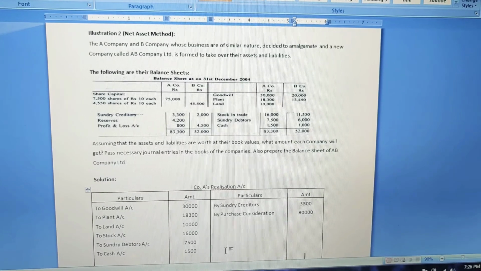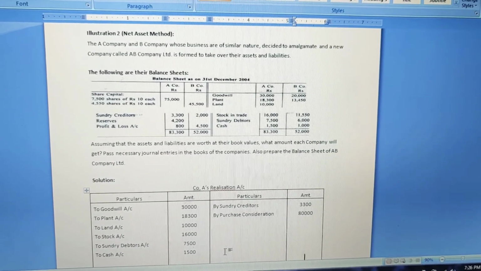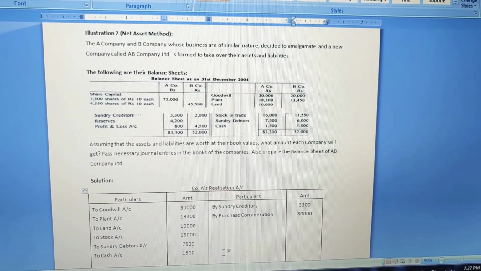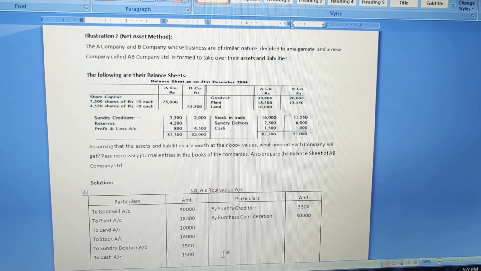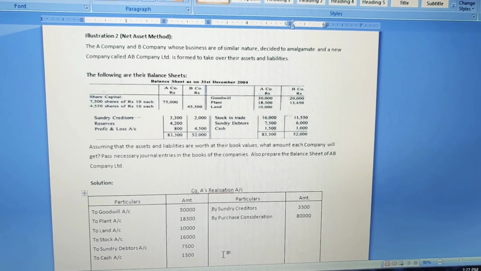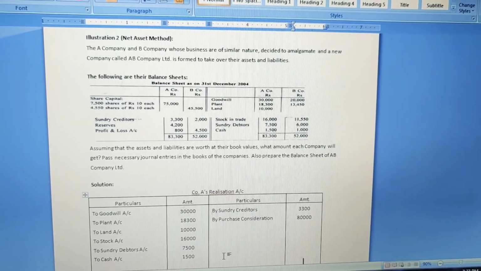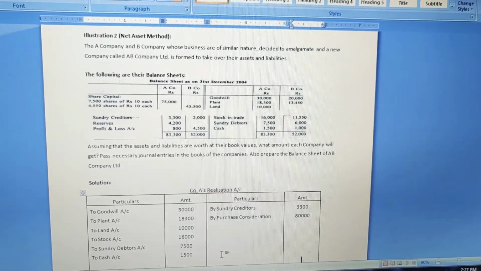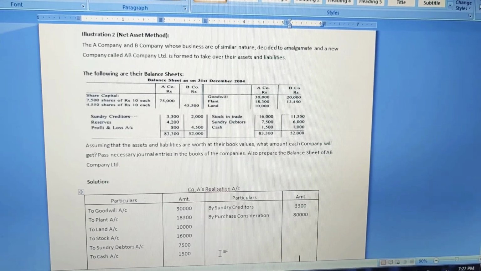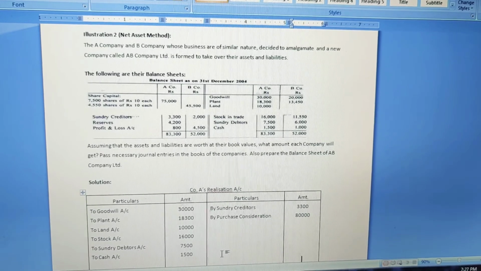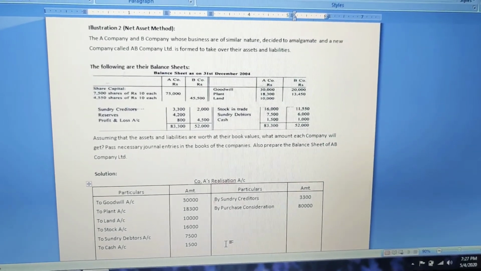Cash account, calculation of purchase consideration, and then the journal entries you will pass for the liquidating company. Similarly for the other company, and then you will calculate and pass the journal entries and the balance sheet for the transferee company, the new company which is forming, which is taking over the business of both the liquidating companies. Clear?